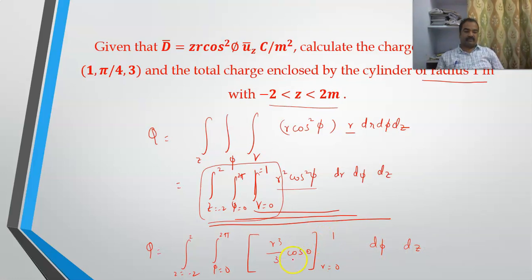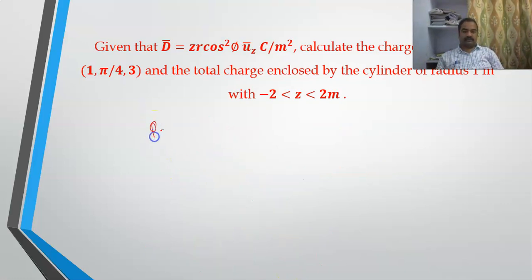If I substitute 1, I get 1 by 3 cos square phi. Minus, if I substitute 0, I get 0. So the answer is 1 by 3 cos square phi. Now Q is equal to the integral z from -2 to +2, phi from 0 to 2 pi, of 1 by 3 cos square phi d phi dz.